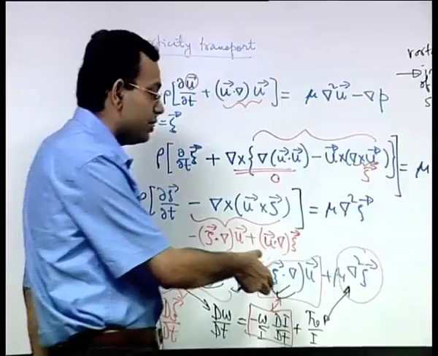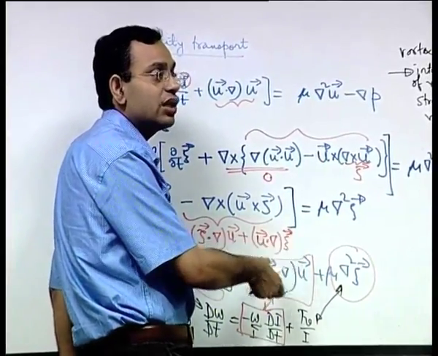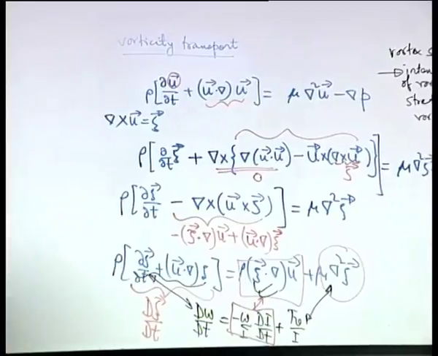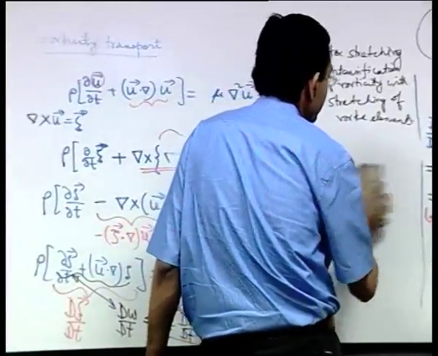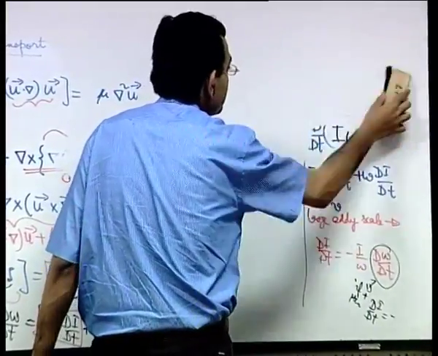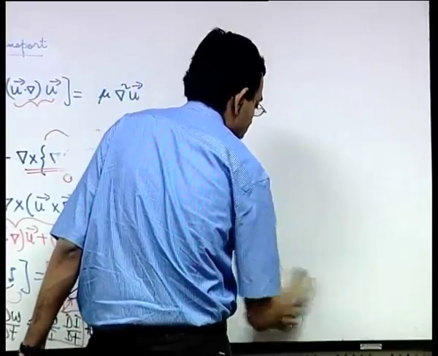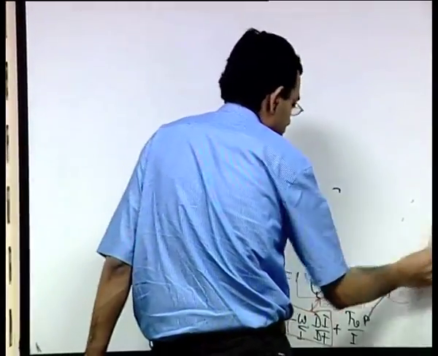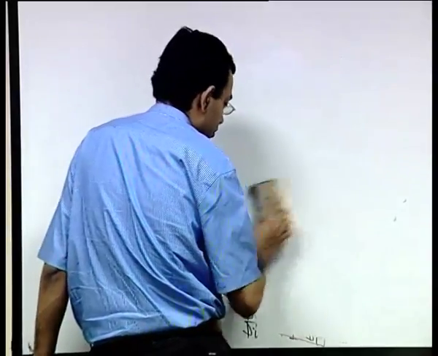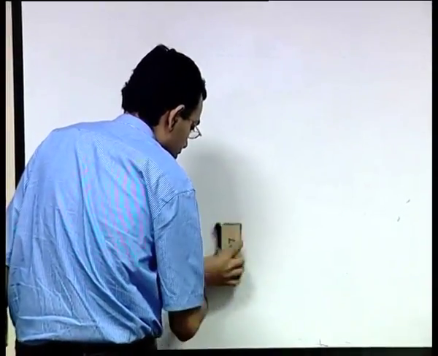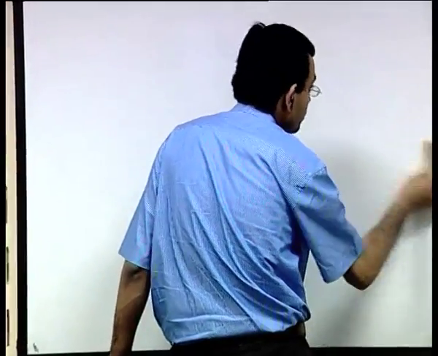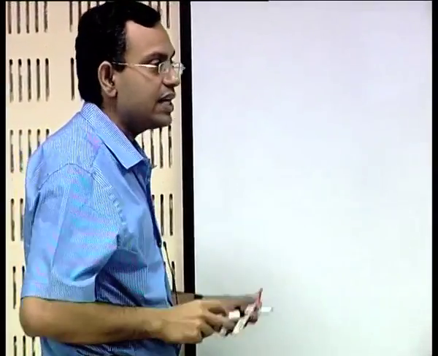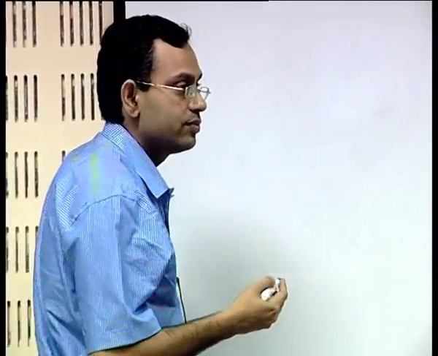So the source term here which appears in the vorticity transport is because of stretching of vortex elements, and this is one of the important physical issues in turbulent flow. So with this background, we will now go to the statistical representation of turbulent flows.